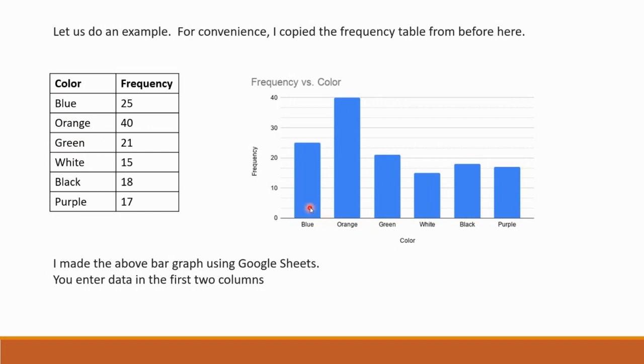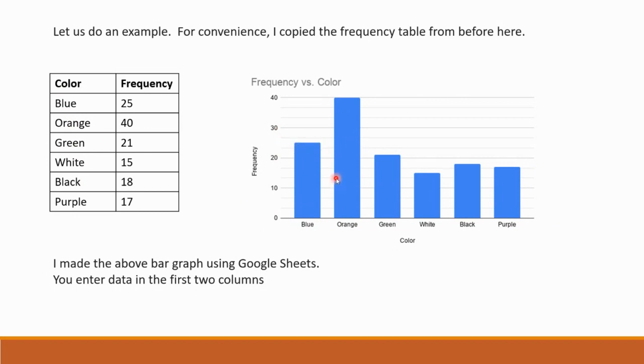And as I just said before, over each one you're going to draw a bar whose height is the frequency. So the blue bar, you can see it's about halfway between 20 and 30. So it's about 25.